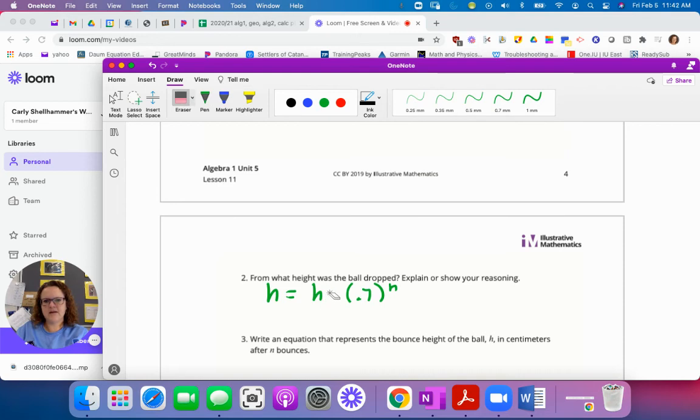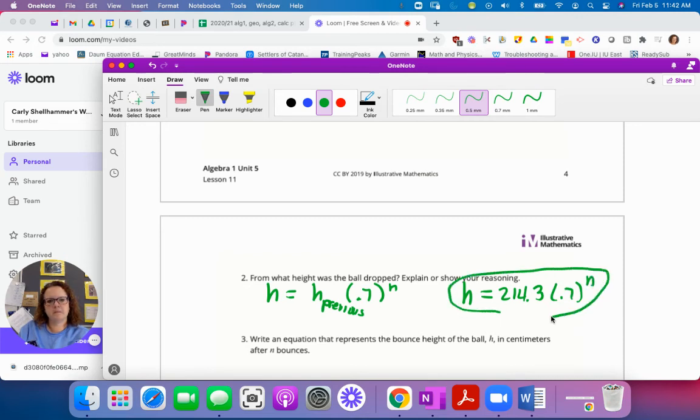Let's call it height previous. So now we know that the height is 214.3 times 0.7 to the n. And explaining or showing the reasoning is the work that I showed up there.